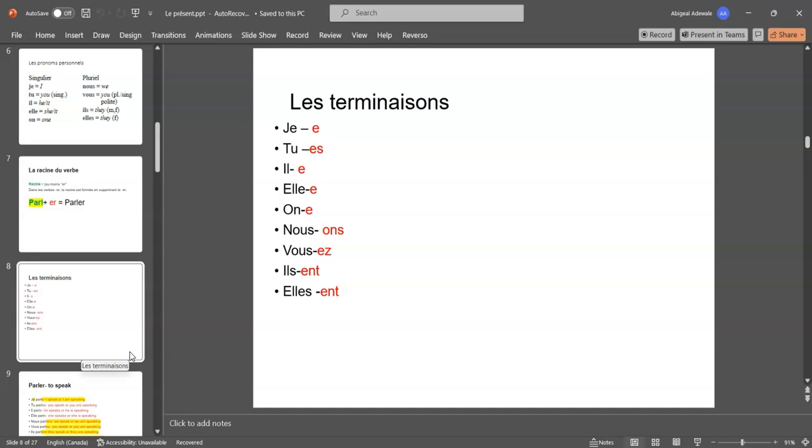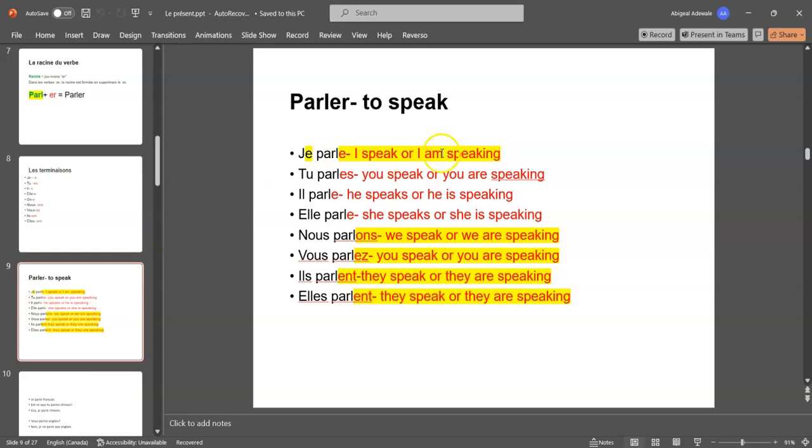Then ils and elles end in ENT. So this is what we're going to have when we conjugate the verb parler: je parle, tu parles, il parle, elle parle, nous parlons, vous parlez, ils parlent, elles parlent. So je parle, I speak or I am speaking.